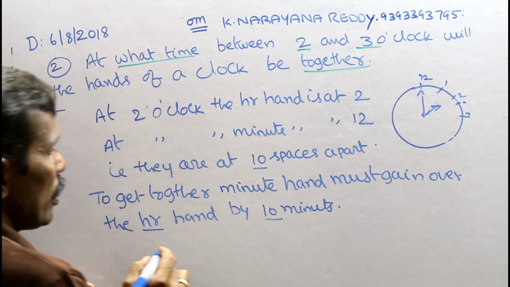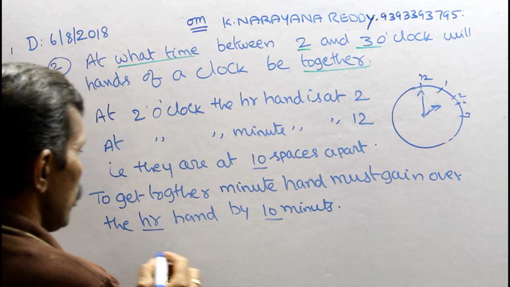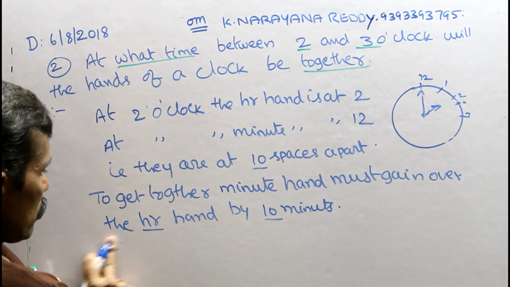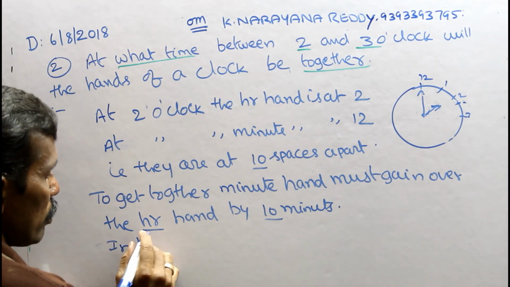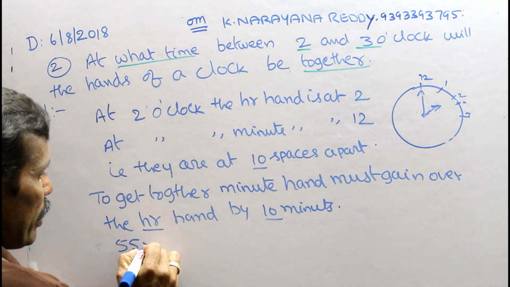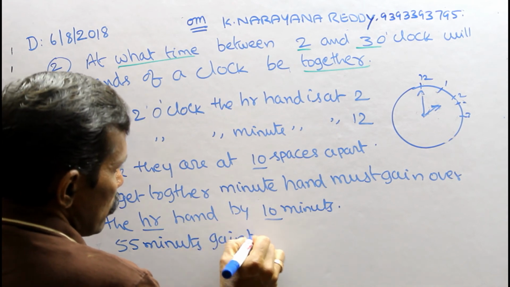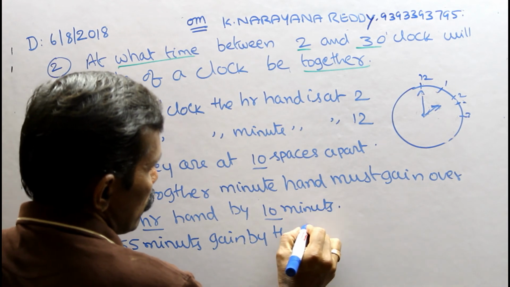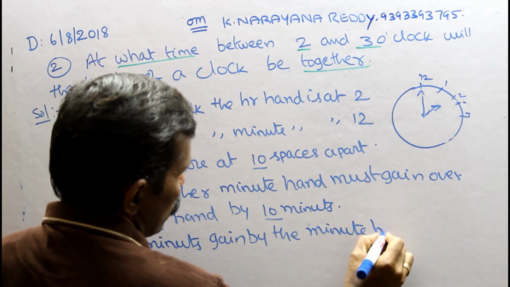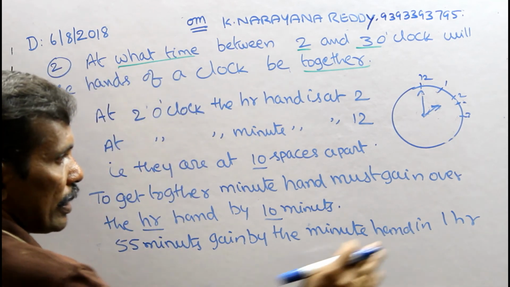So actually 55 minutes are gained by the minute hand in 1 hour. That is 60 minutes.